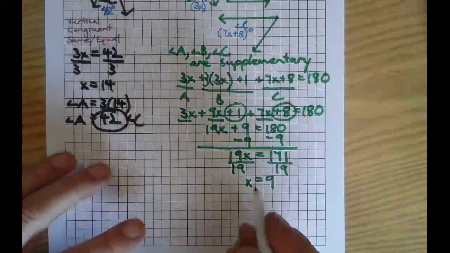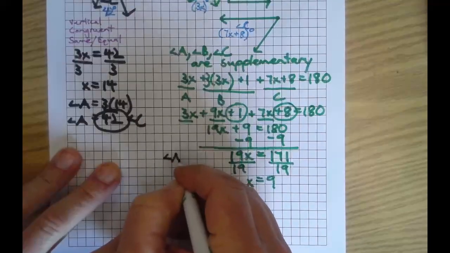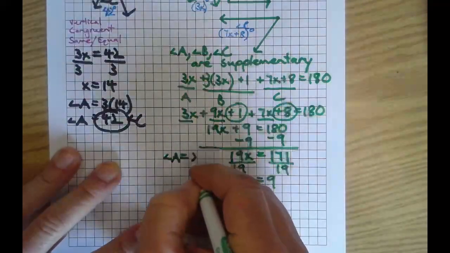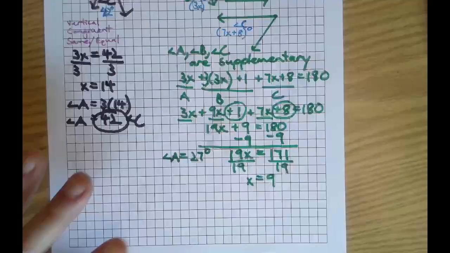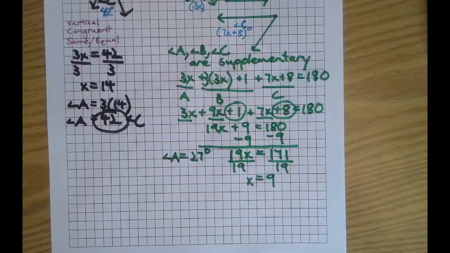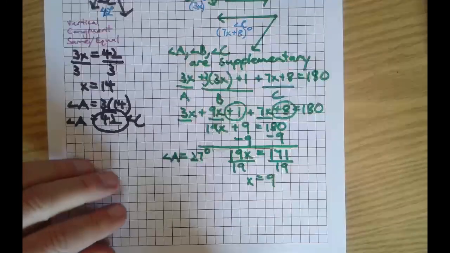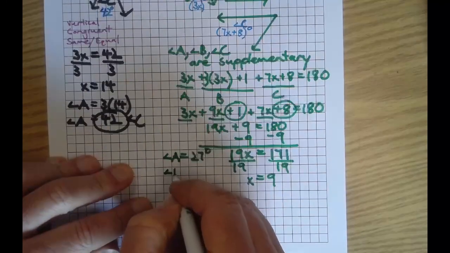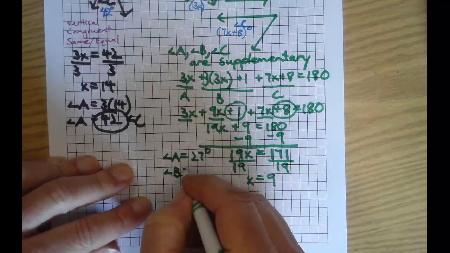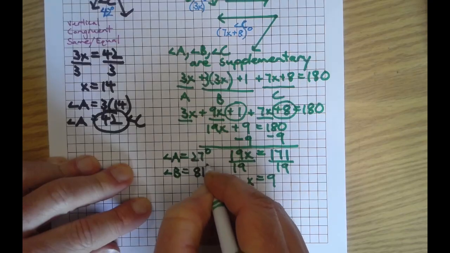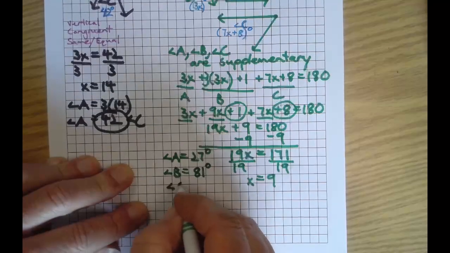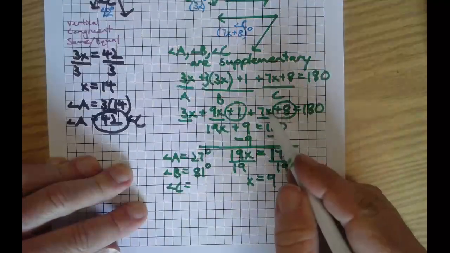Based on that, angle A equals 27. And you know how we're going to check this, right? We're going to check it by making sure they add up to 180. Angle B equals 3 of those, which is 81. And angle C is 7 of those.